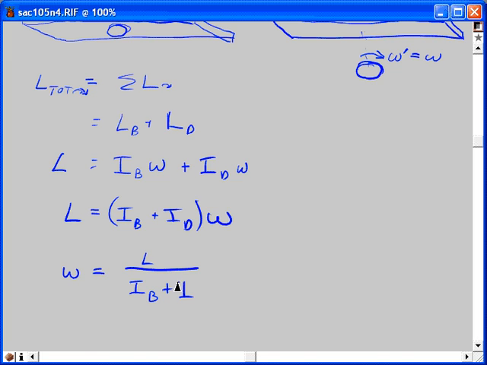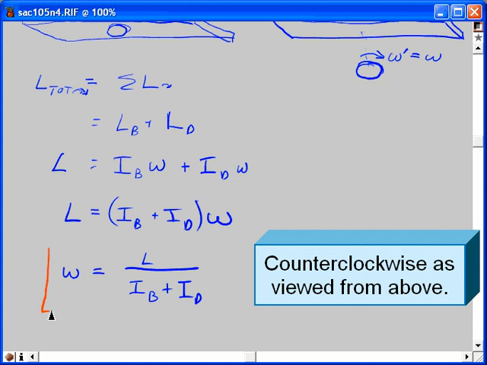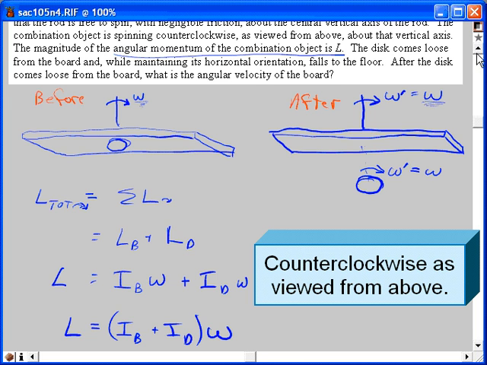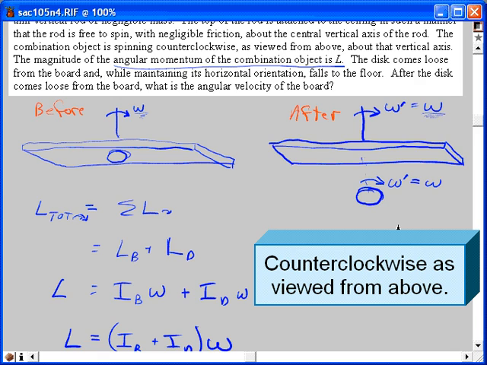Plus I sub D. So this problem represents a good example of the fact that some problems are easy. If we're always applying conservation of angular momentum, starting out the same way every time, we've got to recognize not all problems fall into that category.